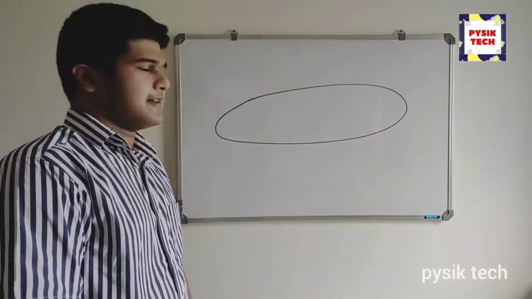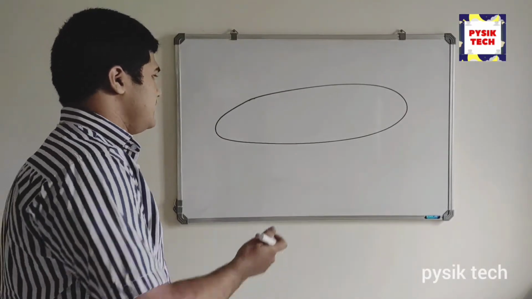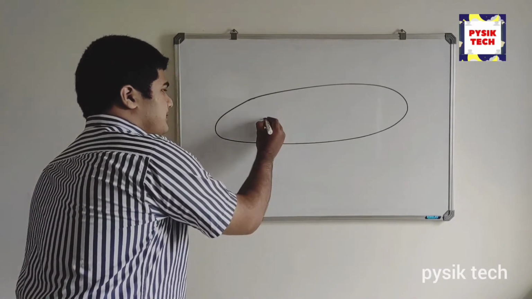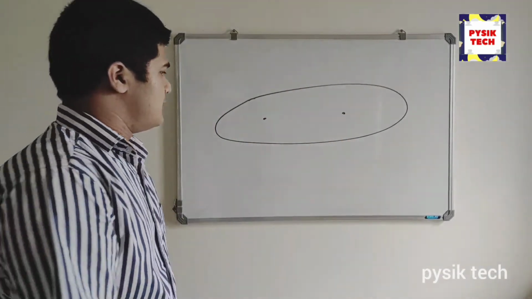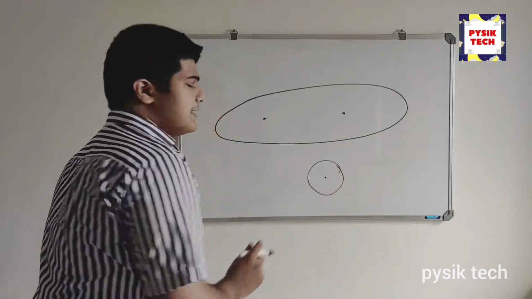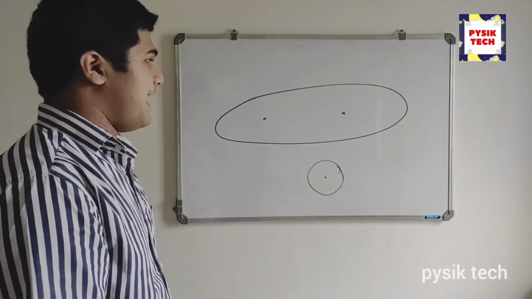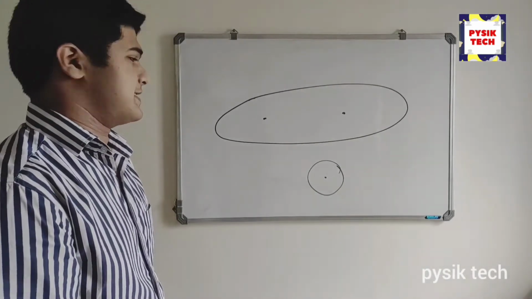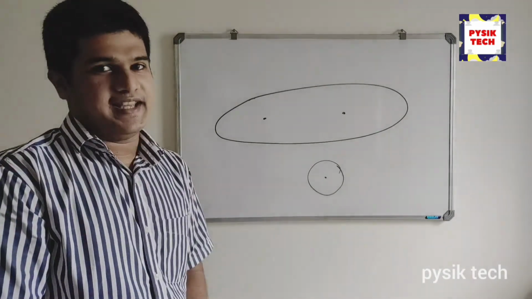This is an ellipse. An ellipse has a property: it has two focuses. A circle has only one focus, but an ellipse has two focuses. These focuses are known as foci.